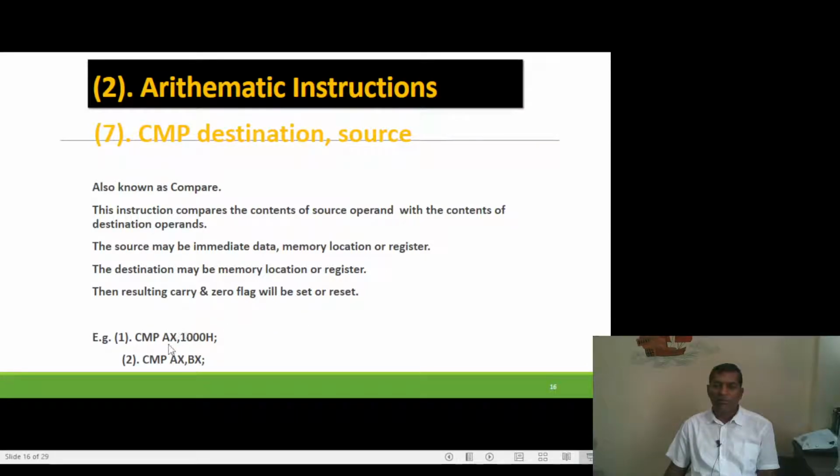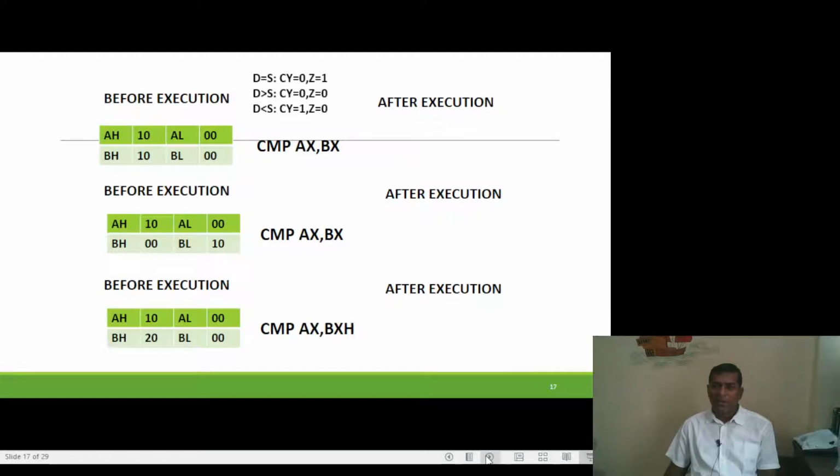If in these two operations, 100 is compared with AX, this is the immediate data and the contents of the AX register are compared. The same with compare AX comma BX, destination and source.